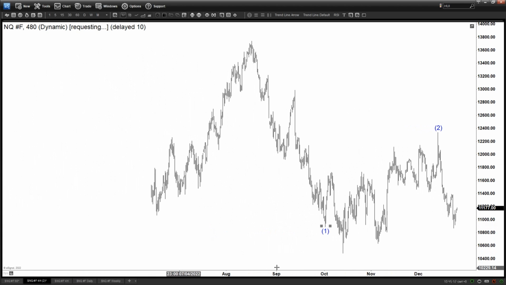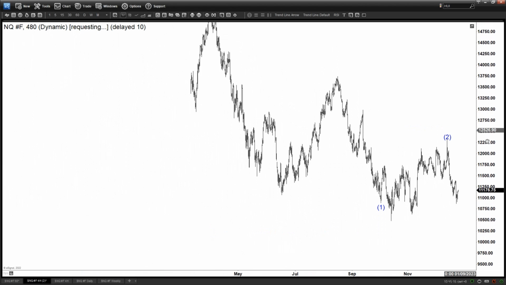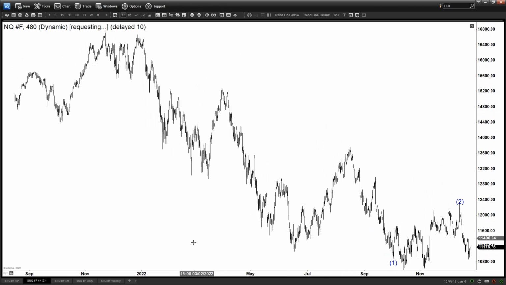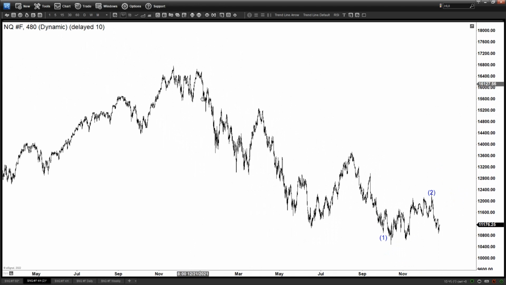Okay, if you look at the all-time high, which is basically right here, we continue to see a lower low since last year, November, right? But the latest low right here has not really broken below the previous low.